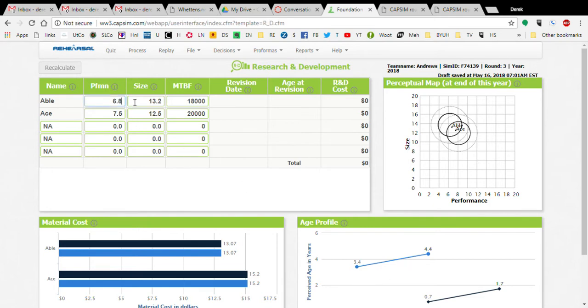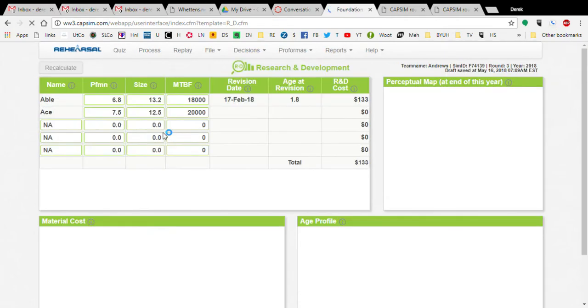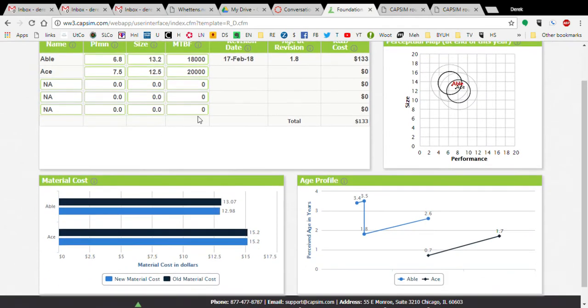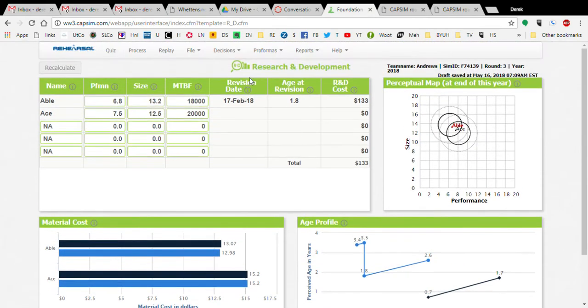So I'm just going to change one little number, recalculate. Let's see what happens. So it's going to change, and as of February 17th of this coming year, the product at that point will be 1.8 years old. That's lower.